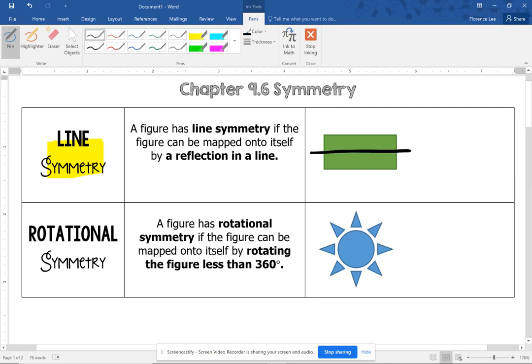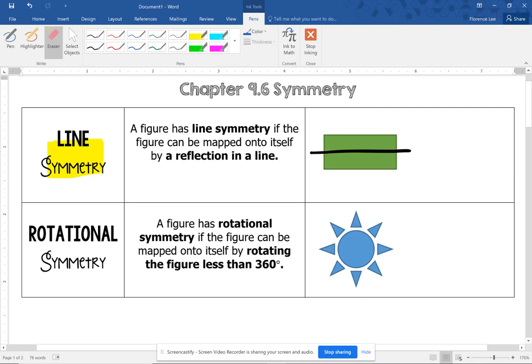So this is one of the lines of symmetry, and notice how it's a horizontal line. This is a line of symmetry because the figure can be mapped onto itself by a line of reflection. What does that mean?